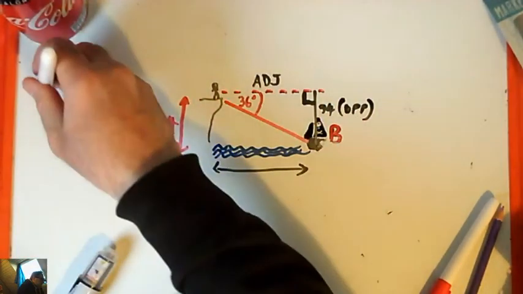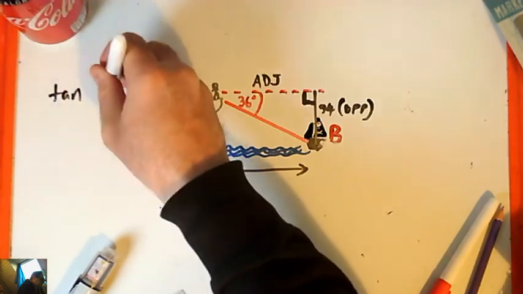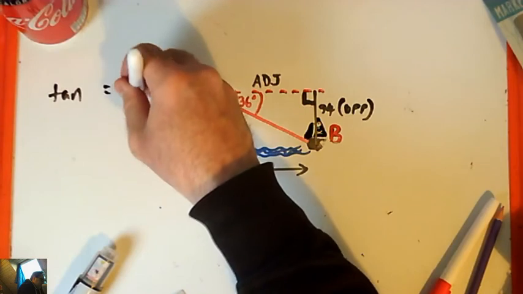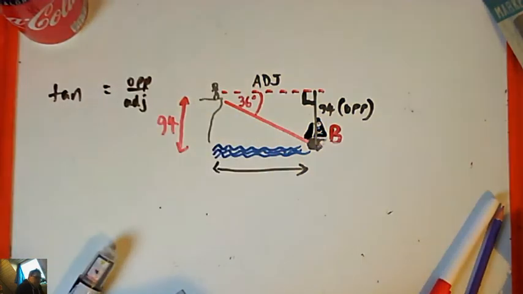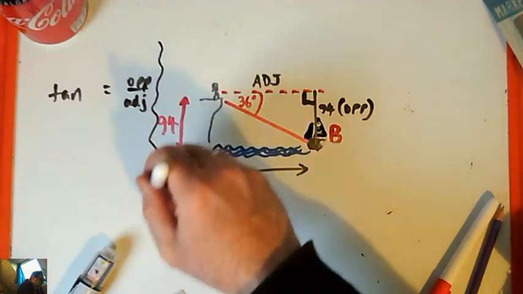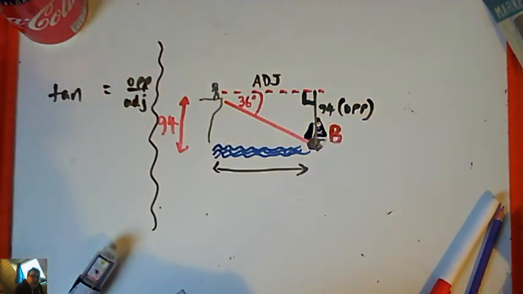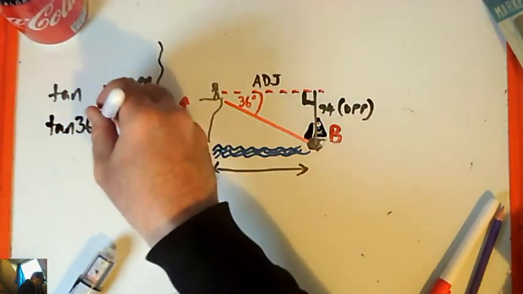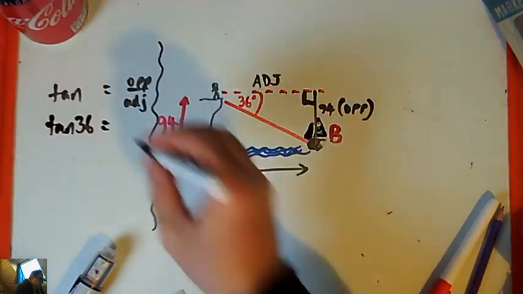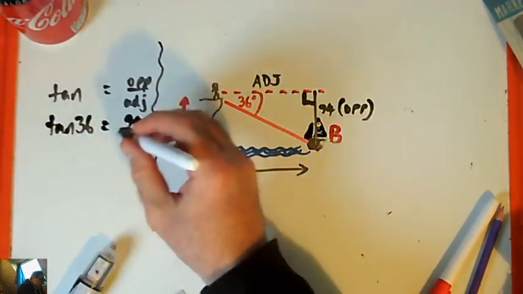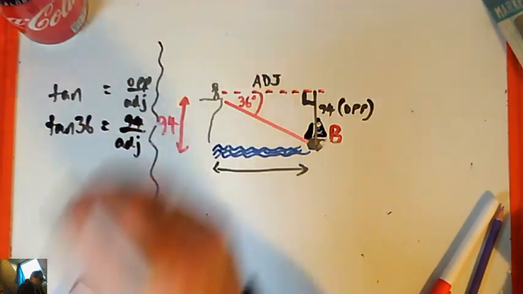So generally tan equals opposite over adjacent, and I'm just going to ring fence that off, and in this case we've got a 36 degree angle, so we're talking about the tan of 36 is equal to 94 divided by the adjacent.